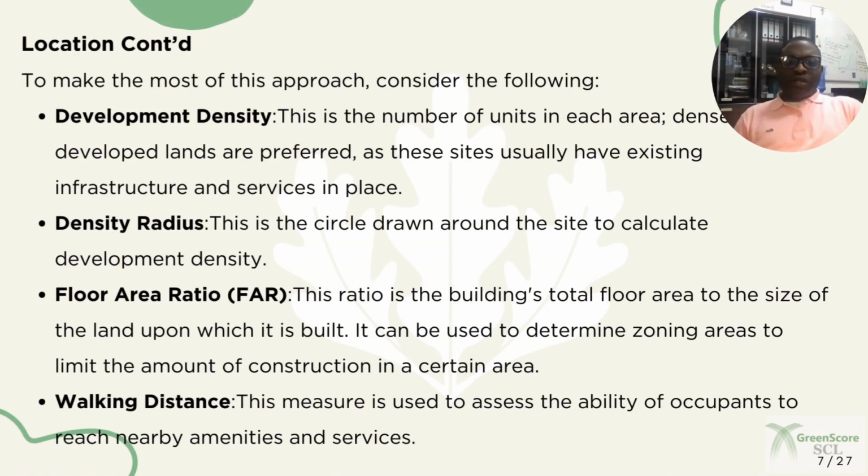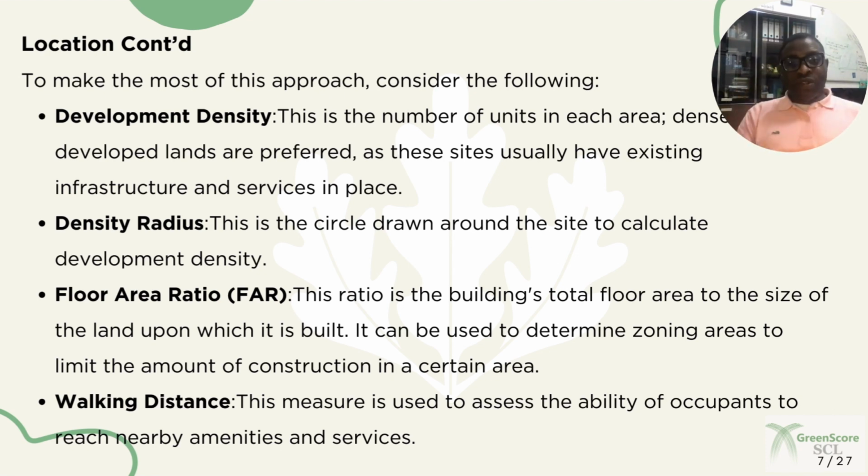And under the location strategy, there are keywords I would want us to pay attention to. Development density is the number of units in each area. Densely developed lands, that is, compactly developed lands, are preferred because they usually have existing infrastructure and services in place.